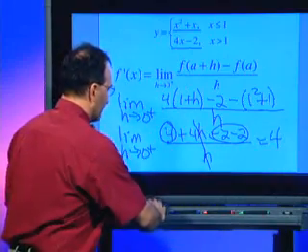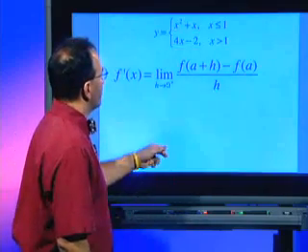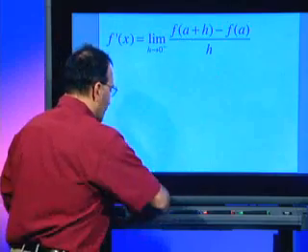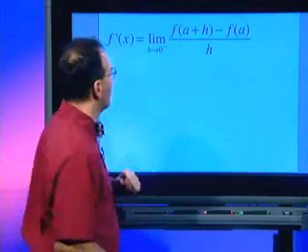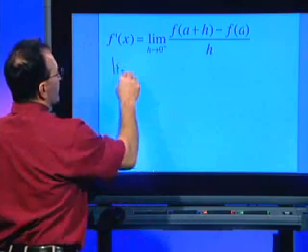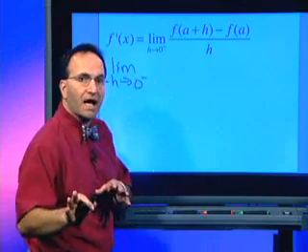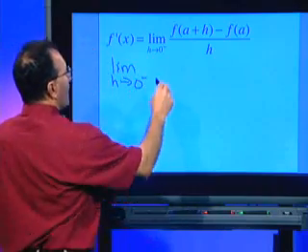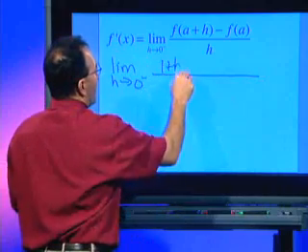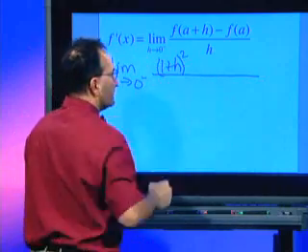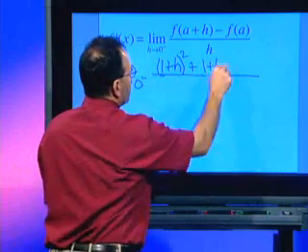Now what we need to do is find the left-hand derivative. So the left-hand derivative, we're going to use the function x squared plus x. So what that would be is the limit as h goes to 0 from the negative side, from the left-hand side, of 1 plus h squared plus 1 plus h.